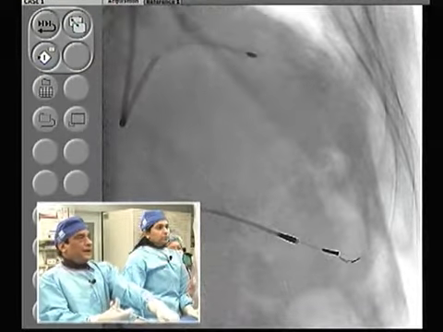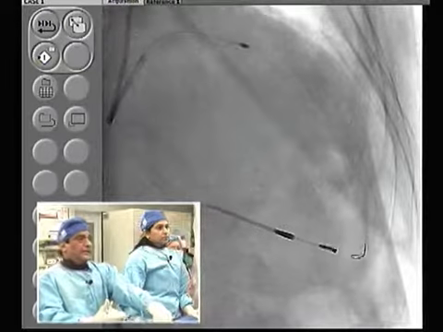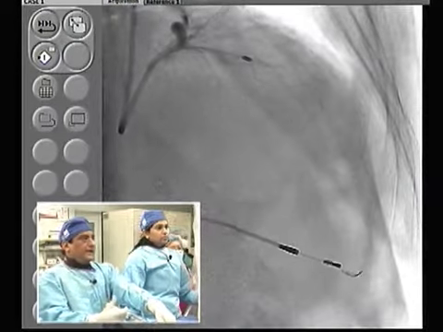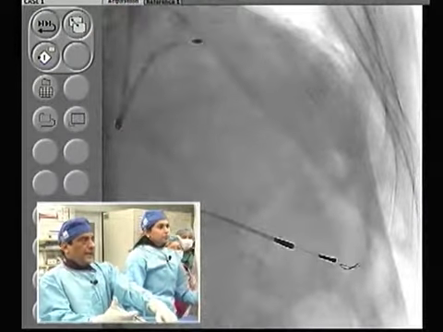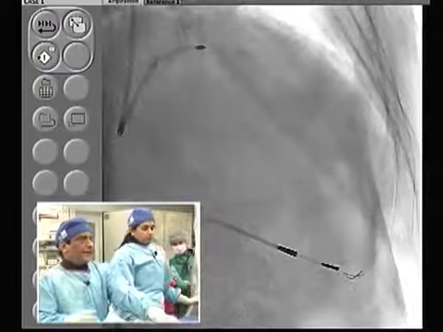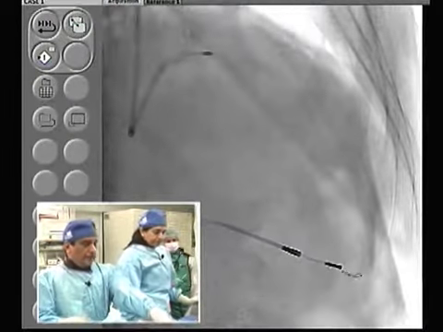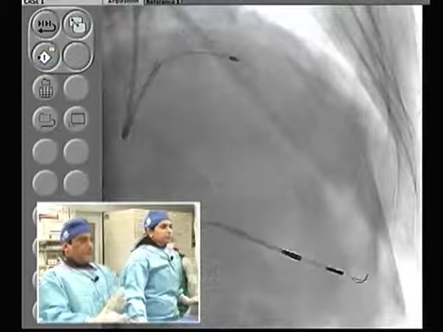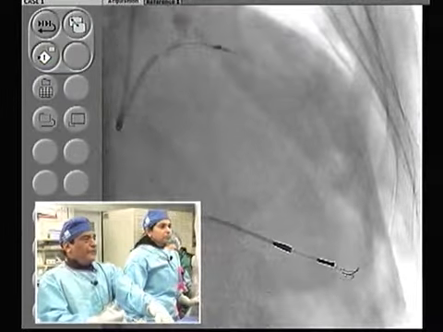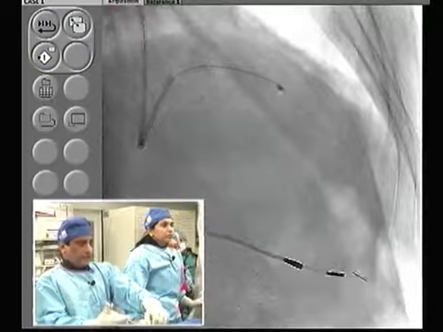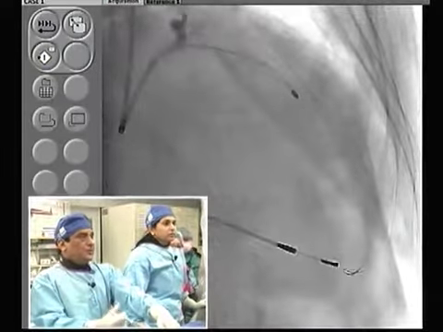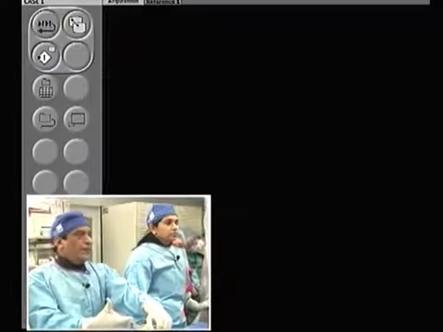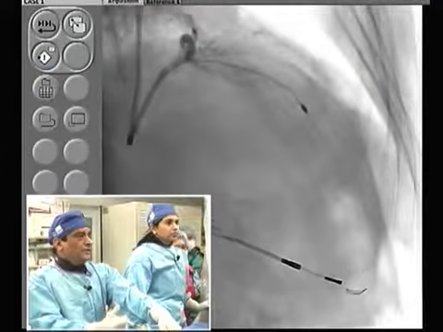The second was the simultaneous kissing stent technique, and that is the highlight of our Cath lab: we had very good results with the kissing stent. We still do about 8 to 10 cases of kissing stent technique every month, usually in large vessels where the side branch is almost 3 millimeter, 2.9 to 3 millimeter.